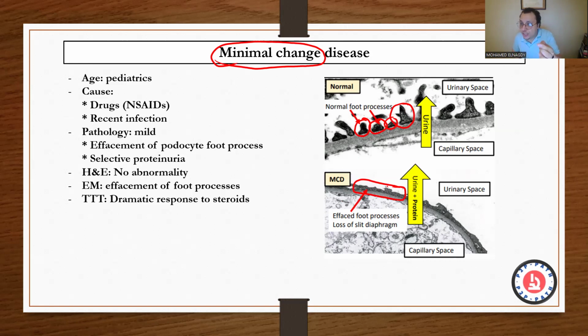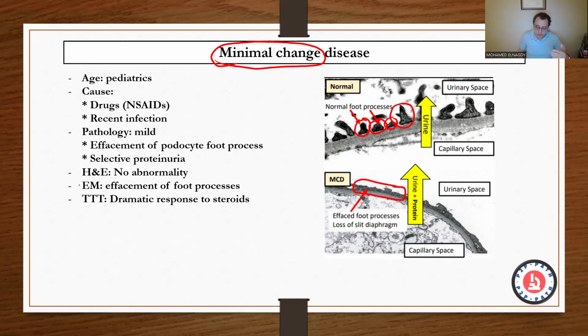This minor change, can you catch it on light microscopy on H&E? Anybody say yes or no? Definitely not. No, because this is a very, very microscopic change. So you can't catch this change except when you look under electron microscopy. And that's why those who specialize in medical kidney and GU, they still rely on electron microscopy.